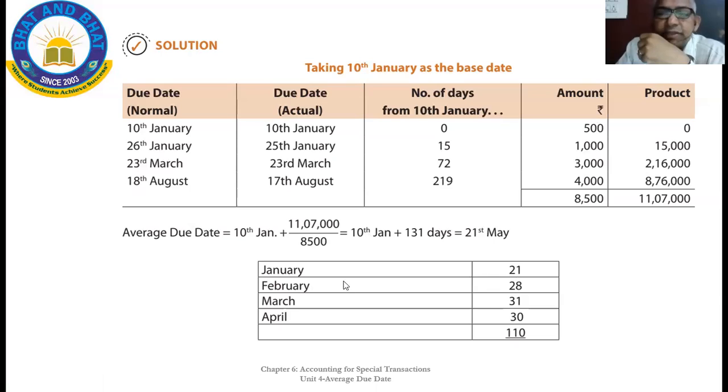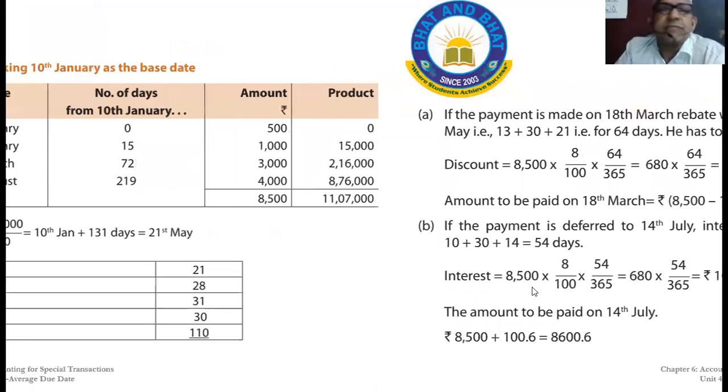Next, March is 31 days. April is 30 days. The total of these days comes to 110. 131 minus 110 is 21 days. Hence, the next month, 21st of May, will be the due date. That is the average due date. I will come back.